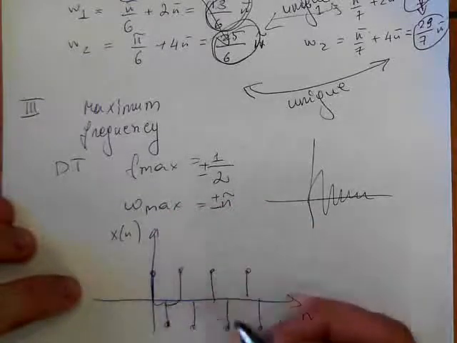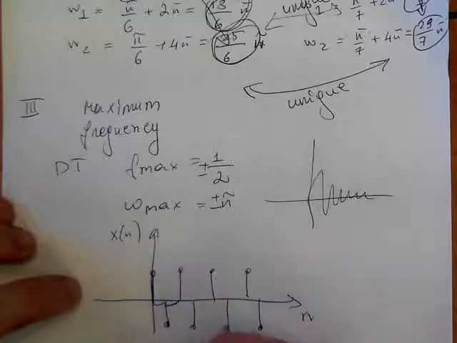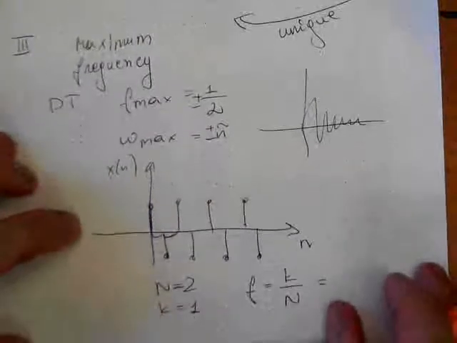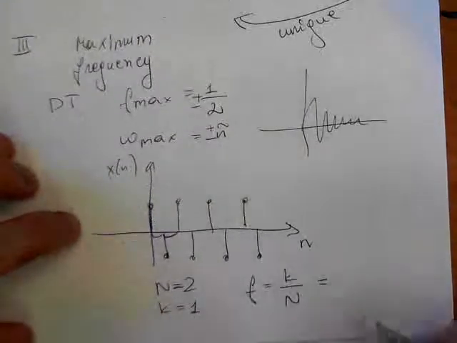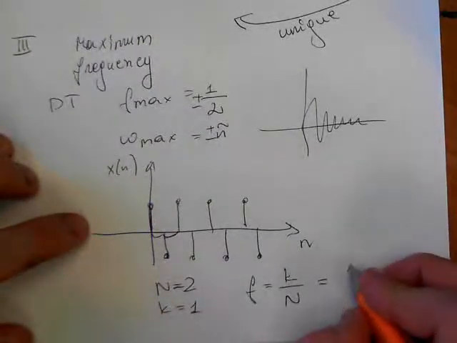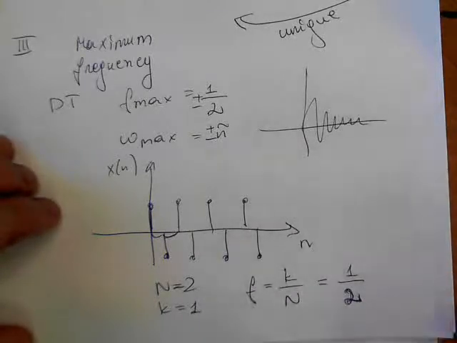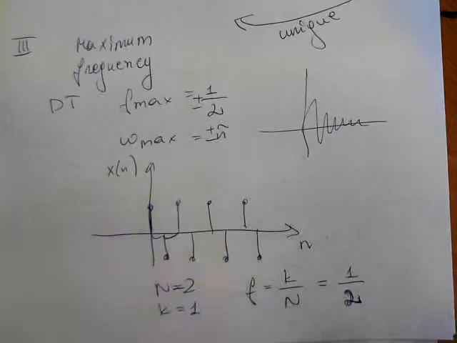So we see that here N is 2, k is 1 cycle, and therefore we have f = k divided by N, it is 1 divided by 2, and we get a half.